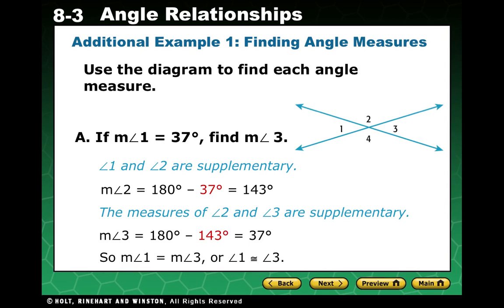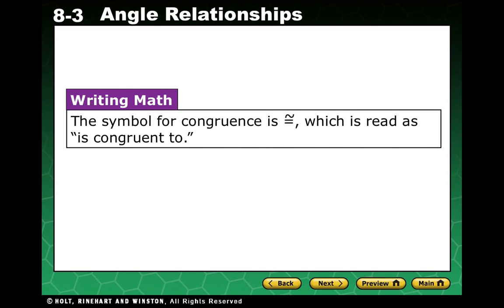Okay, so both 1 and 3 will be 37 degrees, and both 2 and 4 will be 143 degrees. These are called vertical angles. And just to review, this little equal sign with a squiggly on top is read as "is congruent to." Okay, so they have the same angle measure.